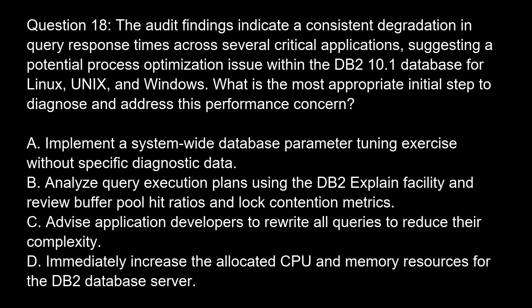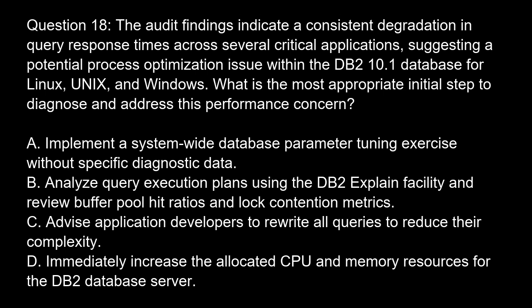Question 18. The audit findings indicate a consistent degradation in query response times across several critical applications, suggesting a potential process optimization issue within the DB2 One database for Linux, UNIX, and Windows. What is the most appropriate initial step to diagnose and address this performance concern? Option A. Implement a system-wide database parameter tuning exercise without specific diagnostic data.